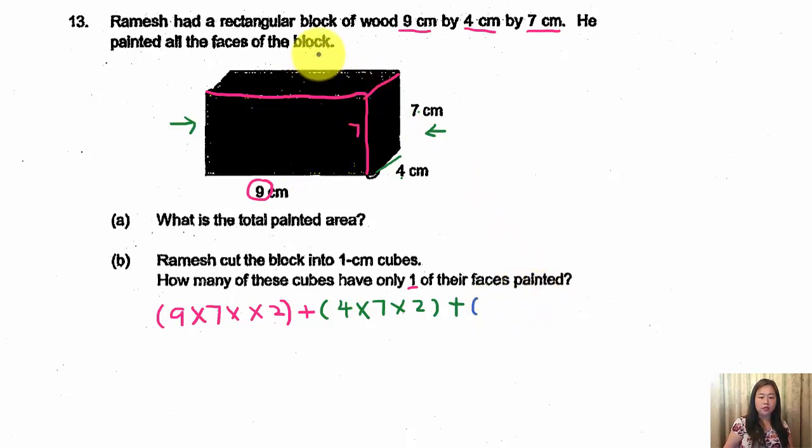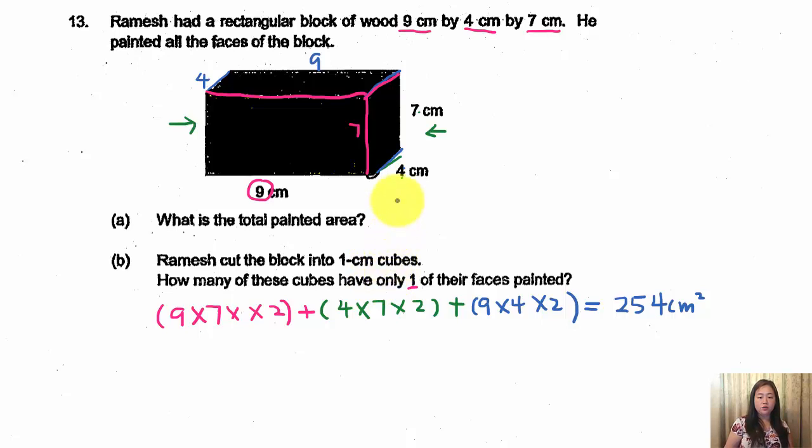This is 9 and this side is 4, because they are the same. 9 times 4 times 2, and the total area will be 254 cm squared. So we have finished A.